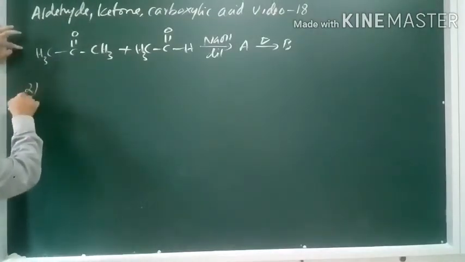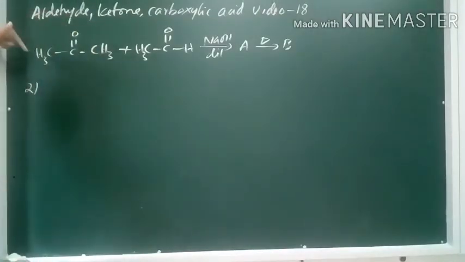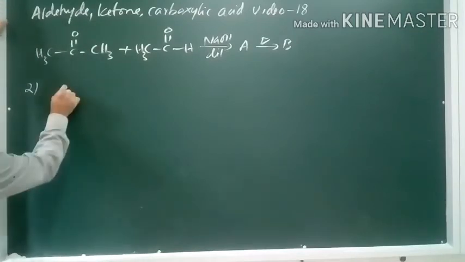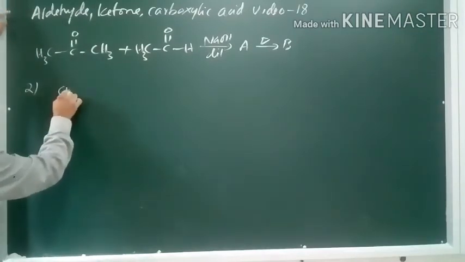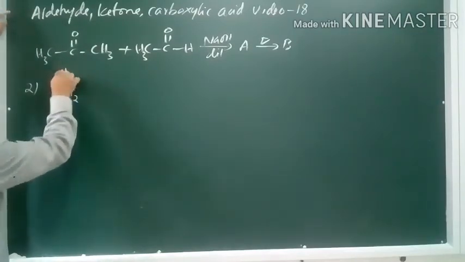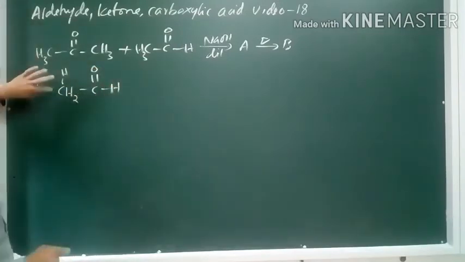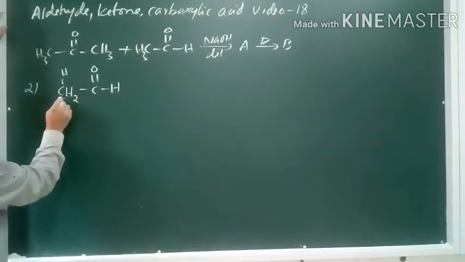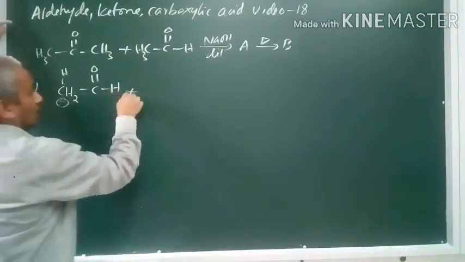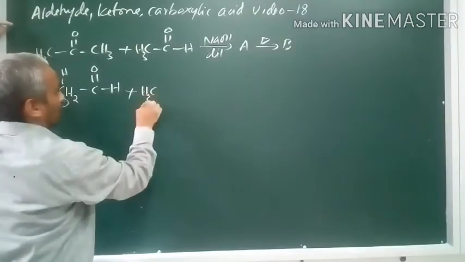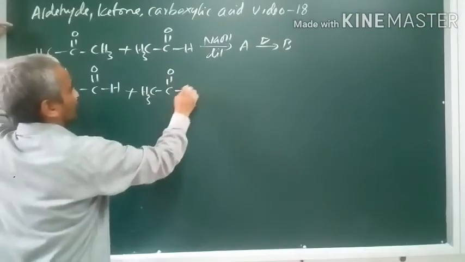See, the second product, what can be obtained from this? CH2HCHO. This also has the alpha hydrogen, so this will become minus. Then CH3COCH3.